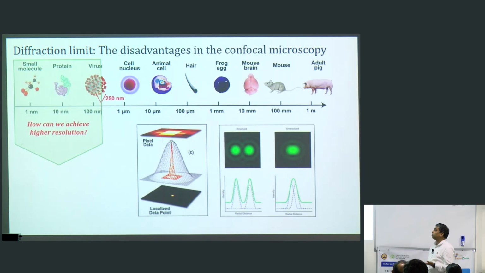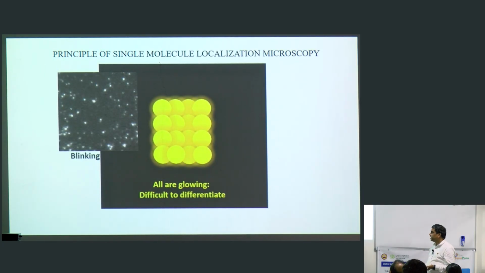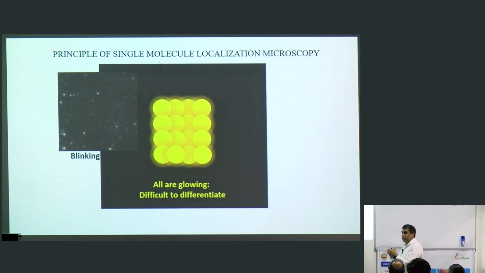If you go to a slightly more classical way to understand how blinking works, let's say we have 16 fluorescent molecules or molecular materials clubbed together. What you see is a completely clubbed image. You have seen this in a cricket stadium, with the floodlight. In a floodlight you have multiple halogens, right?